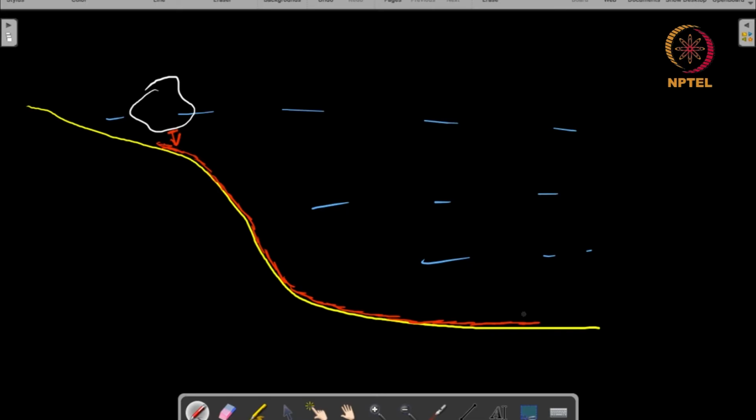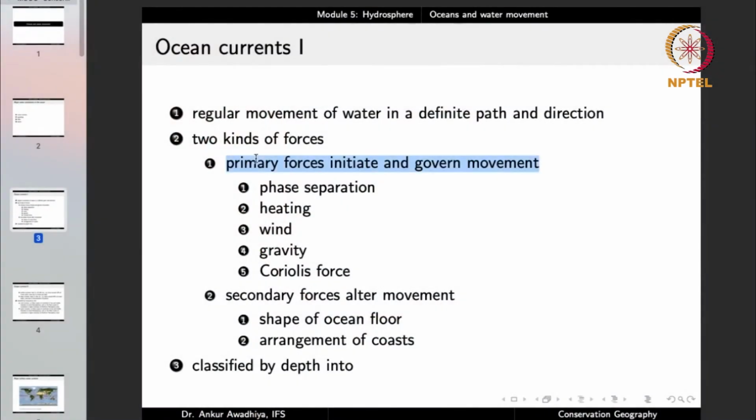Now this water is behaving like a very different water from all the remaining water that is here. This denser water is flowing like a river, and this is flowing like a river because of gravity. So this movement of water is being done because of gravity.